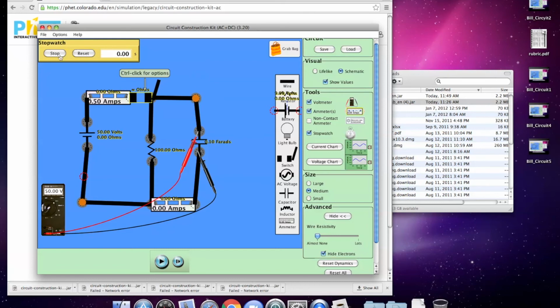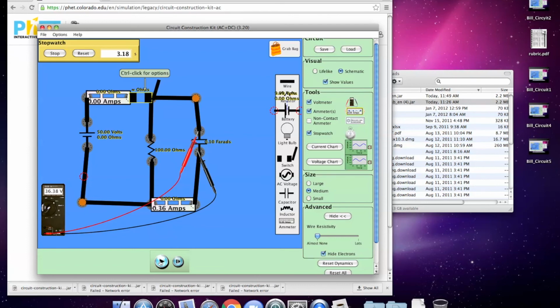So I'm going to let time evolve, and what you note is now both the current and voltage are dropping due to the RC constant. I stopped them, and let's talk a little bit about what's going on there. I have an RC constant in the series circuit of the 100 ohm resistor with the 0.1 farad capacitor.